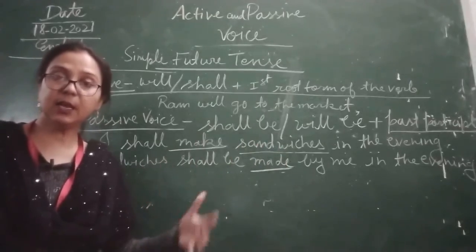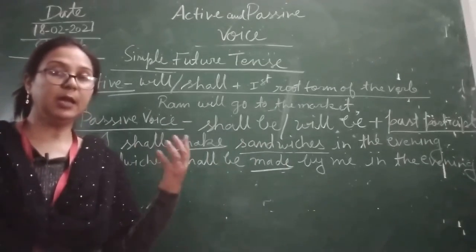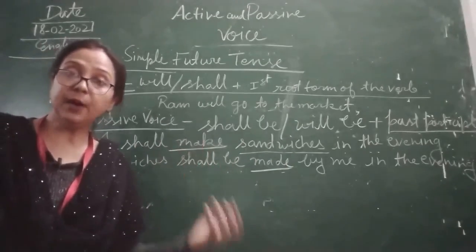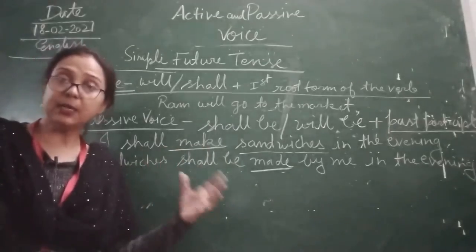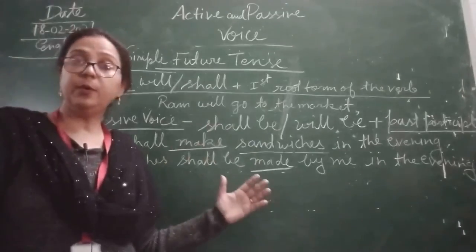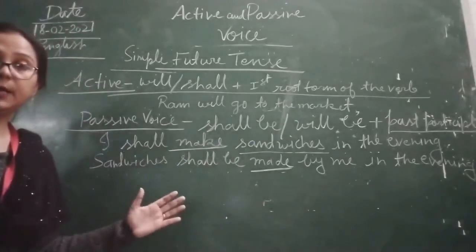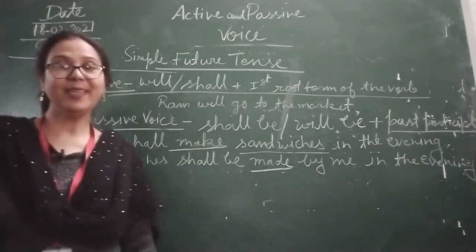Revise it again and again, solve the exercises given in your book, and after that you can confirm that you have learned this. Okay, so practice it. Few points are remaining in this future tense, so we will discuss them in our next video. So children, till then, bye bye and take care.